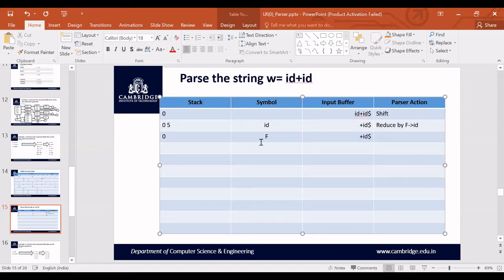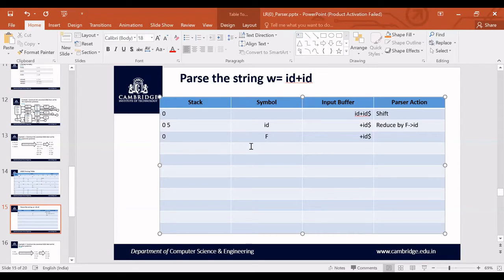So once you reduce a symbol, you don't have to take a transition of the state on the stack with the symbol on the input buffer. Instead, immediately take a transition of 0 on F, the symbol that you have reduced recently. Now check the parsing table.